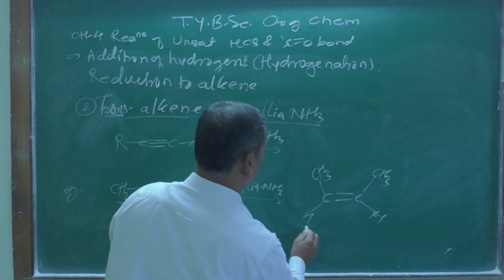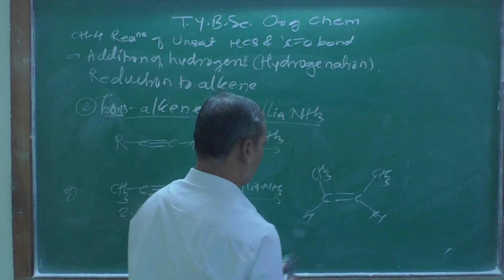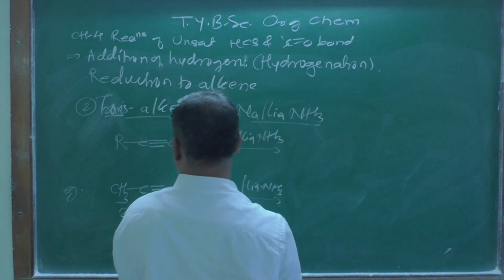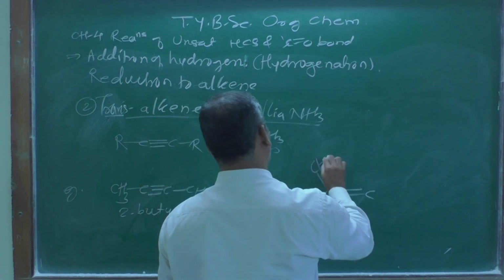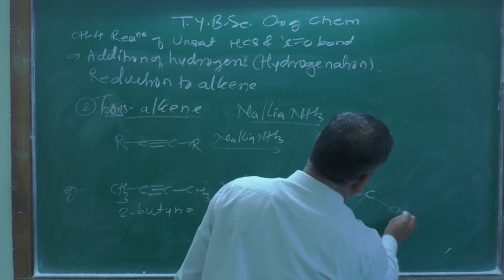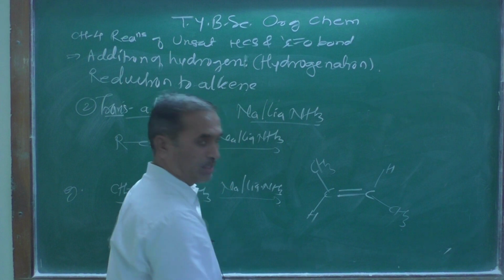The name of this compound is cis-2-butene, not cis. Sorry, here we are going to get carbon-carbon double bond, one methyl group here, another methyl group must be here, one hydrogen here, and another hydrogen atom here.